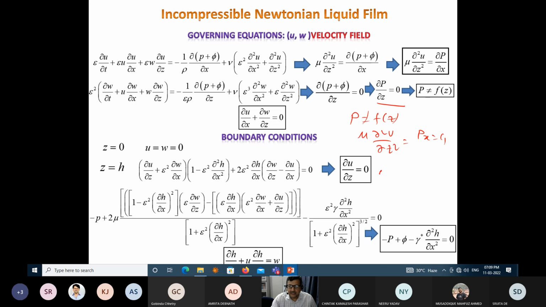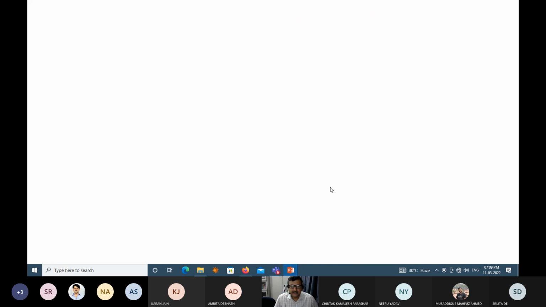So u equal to what? C1 z square plus C2 z. Let me do it, the space is very small. So I have an equation which is del p by del z equal to 0. This gives me what? P is not a function of z, right?